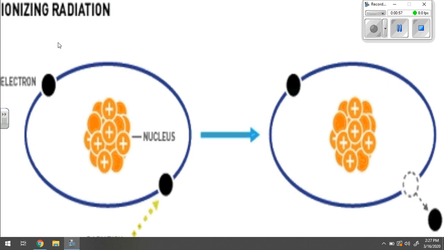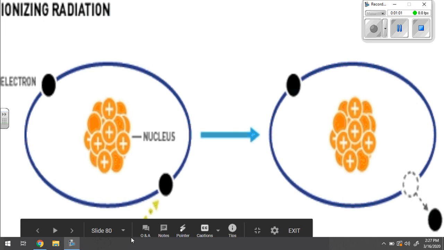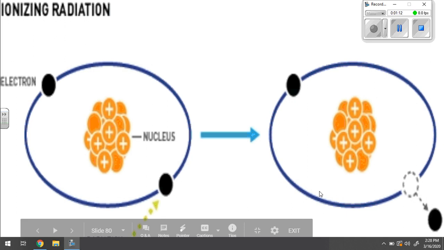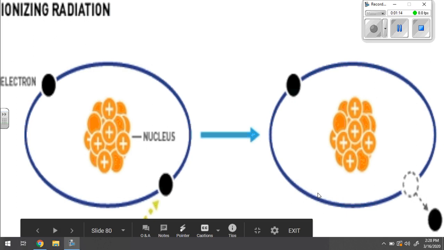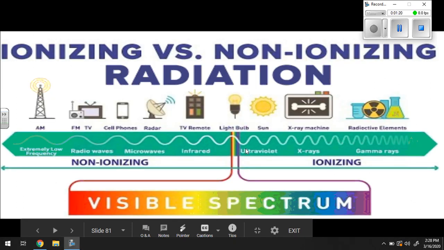Ionizing radiation is radiation that is strong enough that when it comes in, it will hit one of the electrons around the atom and displace the electron. When it does that, it can damage cells. If these atoms are inside a cell, it will damage the cell and can cause mutations.